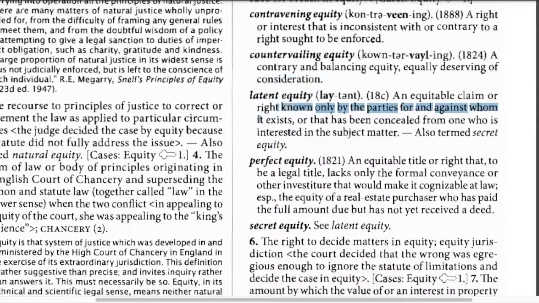There's latent equity. That's an equitable claim or right known only by the parties for and against whom it exists, or that has been concealed from one who is interested in the subject matter, also termed secret equity.